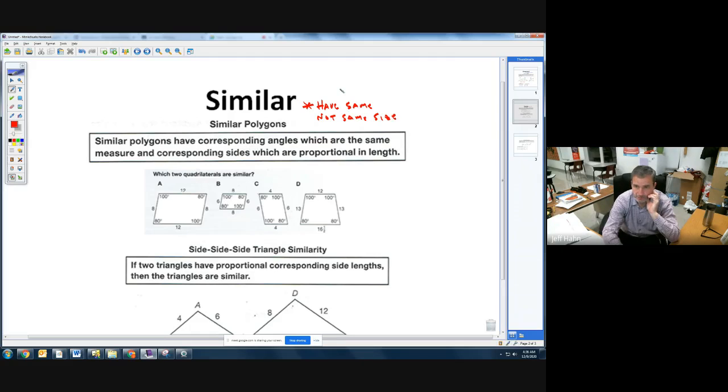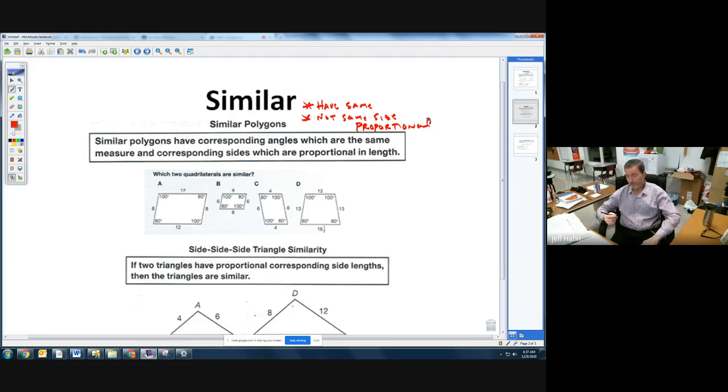And I'm pretty sure we wrote this, similar shapes are proportional. We talked about thinking about a balloon. To be proportional means as something gets bigger, as it dilates in our mathematical world, the sides get bigger at an even rate. As one gets bigger, the other gets bigger at that equal rate.